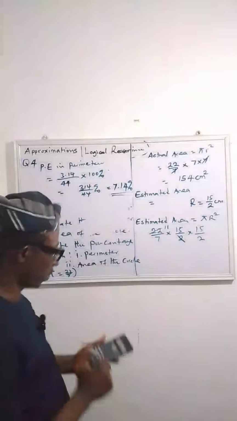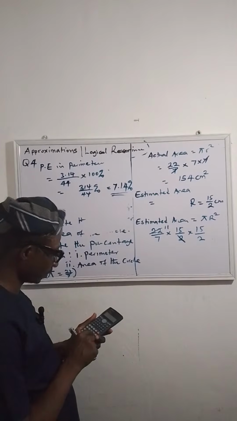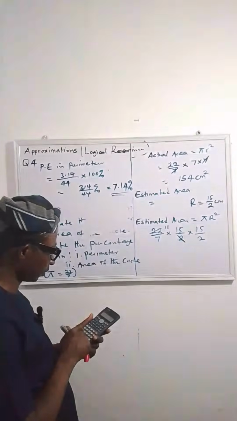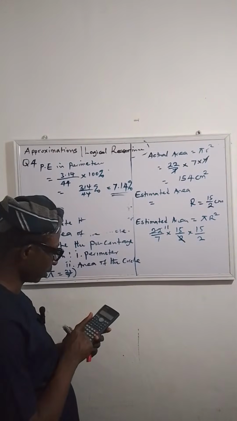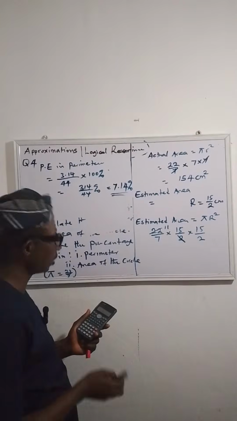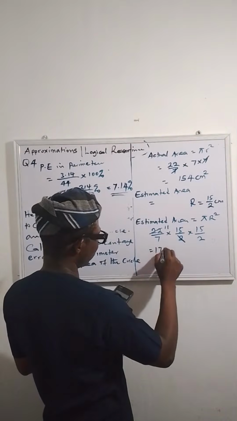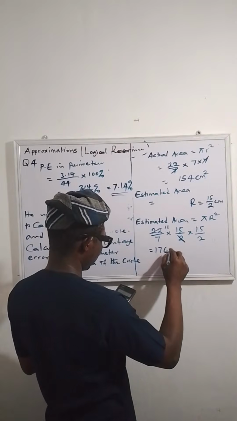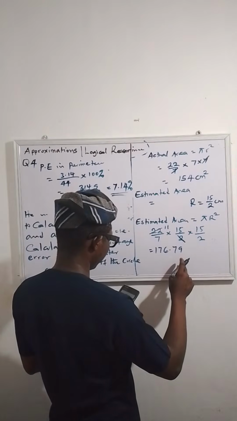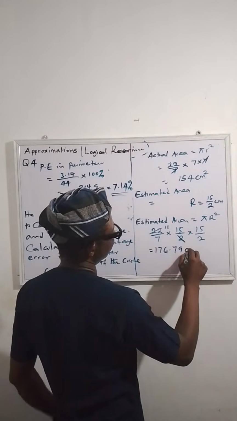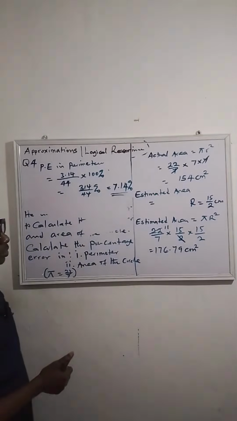So now we have 15 squared times 11 divided by 14. So what do we have? Yes, we have 176.79 centimeter square. Okay, so area is always in unit square.